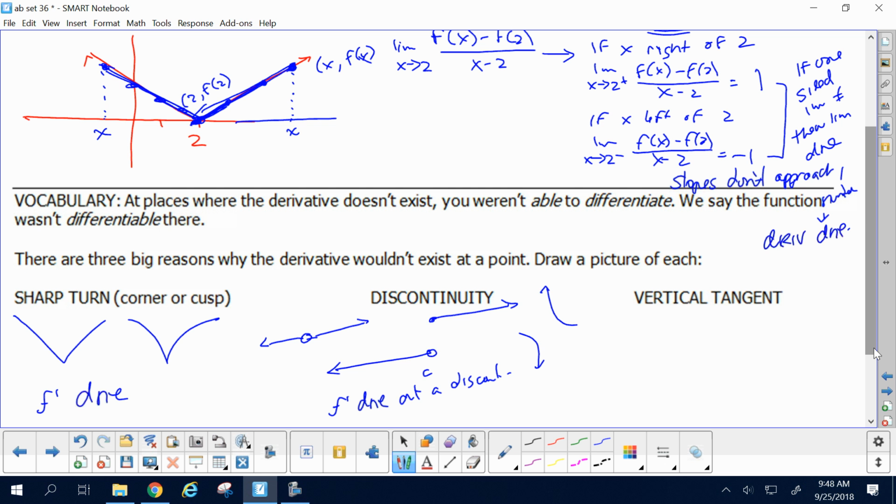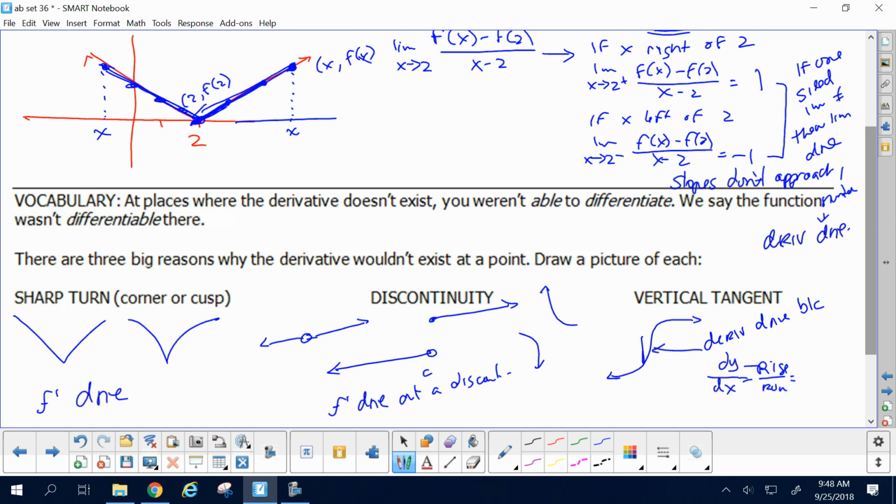Last but not least is a vertical tangent. If a curve does this kind of deal, like this, here the derivative does not exist. Now, the best way to explain why is to use Leibniz notation. Remember, the derivative is the tangent slope, and slope is rise over run.